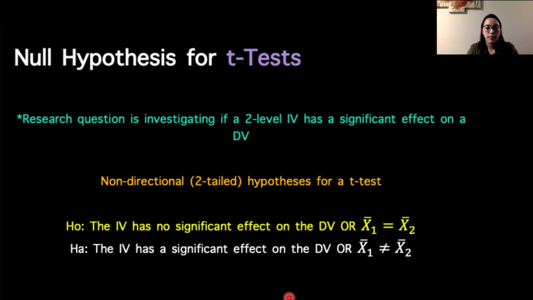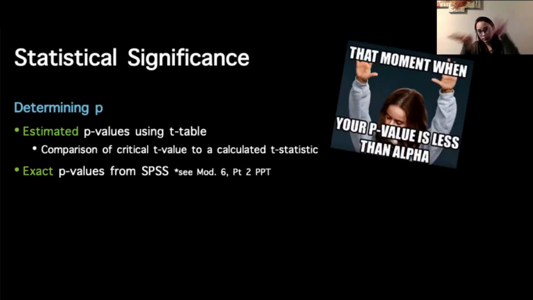So once we have our null hypothesis, we run our statistical analysis, which again we'll go through how we set up the test and the output in the next video. And then once we get all of that in our output, we get a p-value for our t-test. Now remember, the main effect of our t-test is saying, do we have a significant difference between two means?